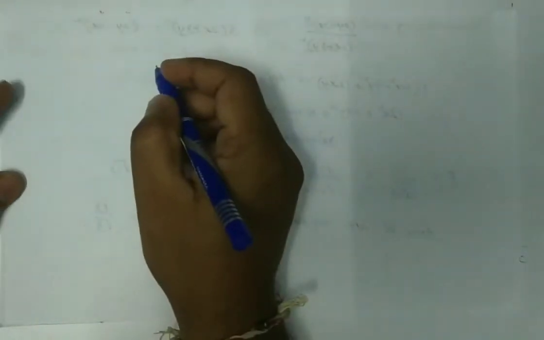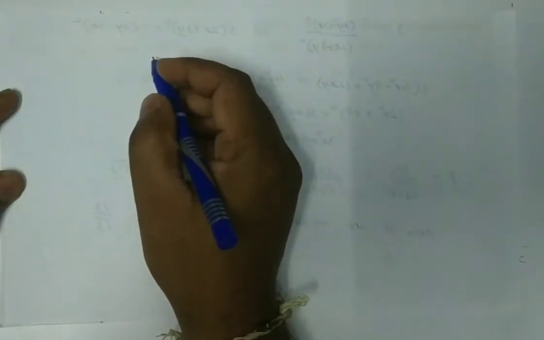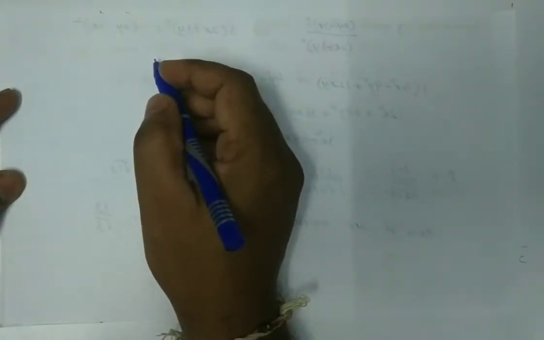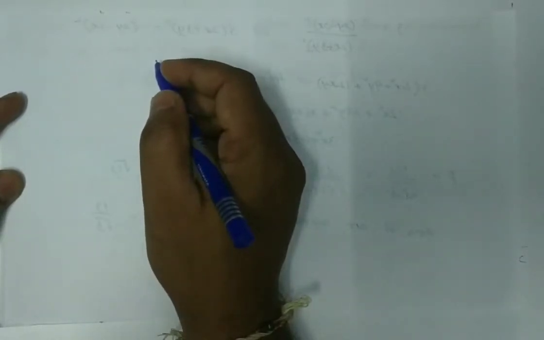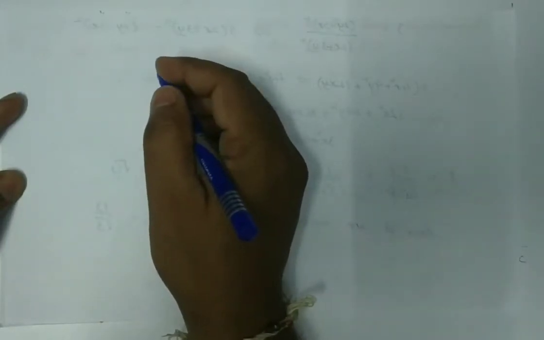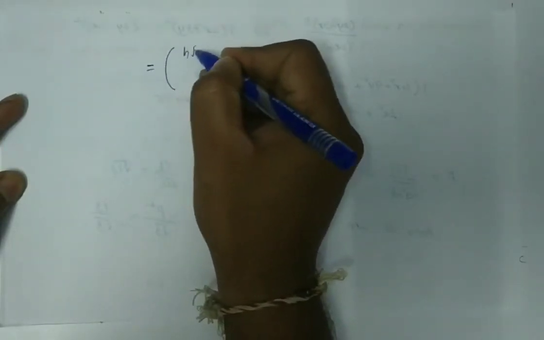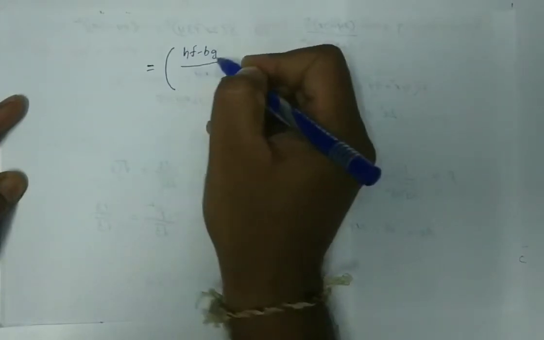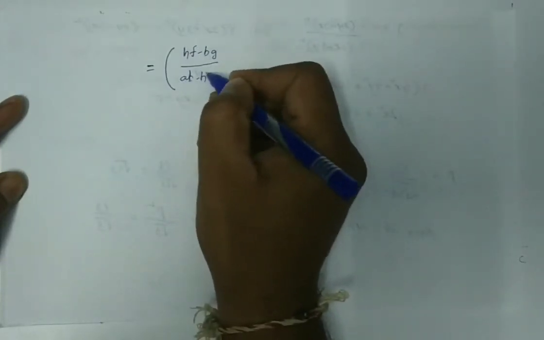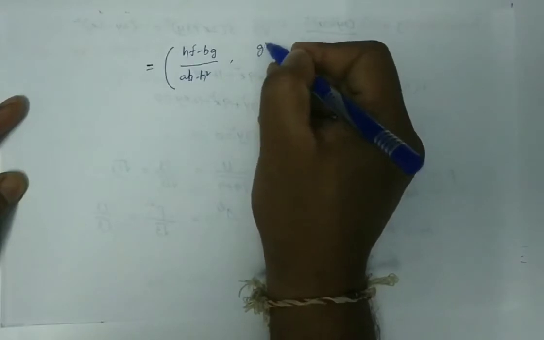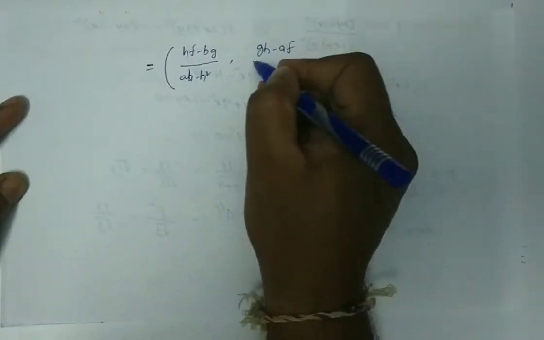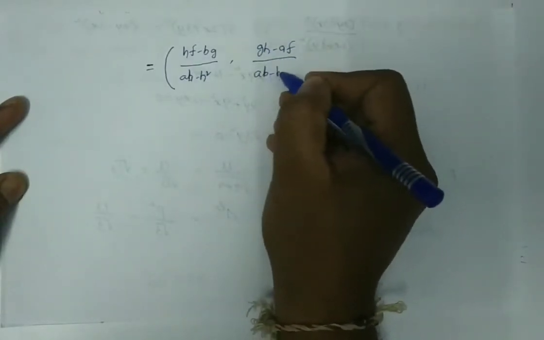Next, let us see the point of intersection of the pair of lines represented by the equation s is equal to 0. The formula for the point of intersection of the lines represented by the equation s is equal to 0 is given by (hf minus bg divided by ab minus h square, gh minus af divided by ab minus h square).